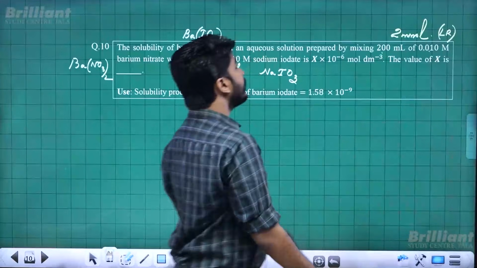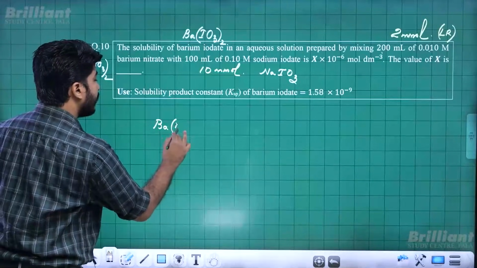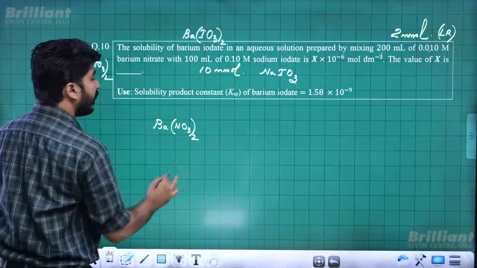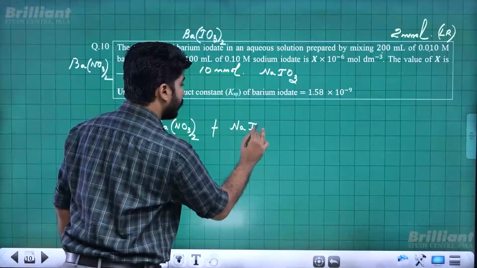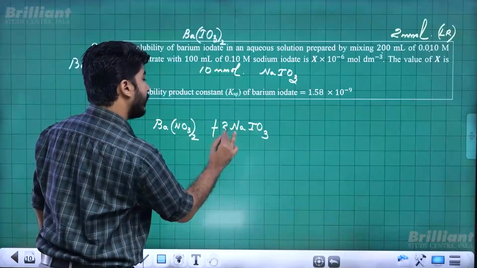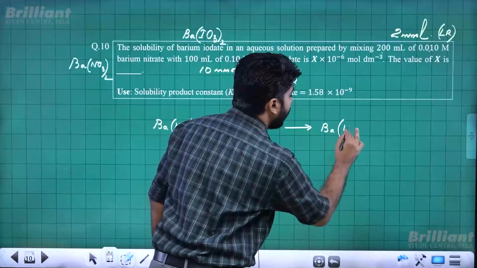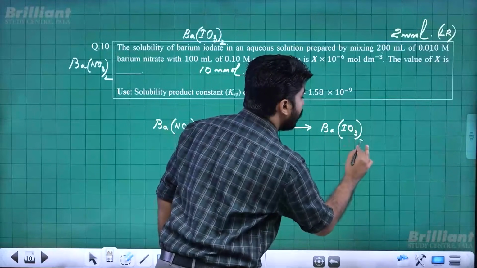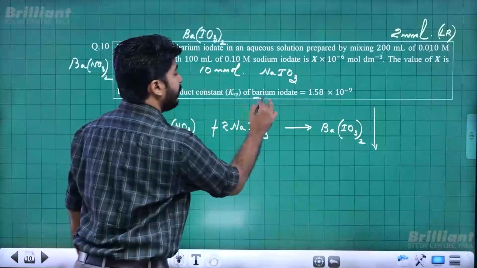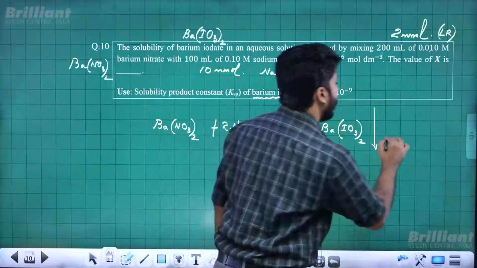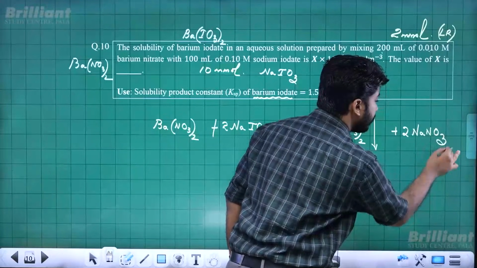We know the reaction is a simple precipitation reaction. Let's write the balanced equation. Barium nitrate reacts with sodium iodate in 1:2 form to form Ba(IO3)2, which is a precipitate, which is confirmed from the Ksp value, plus 2 sodium nitrate, which is soluble.